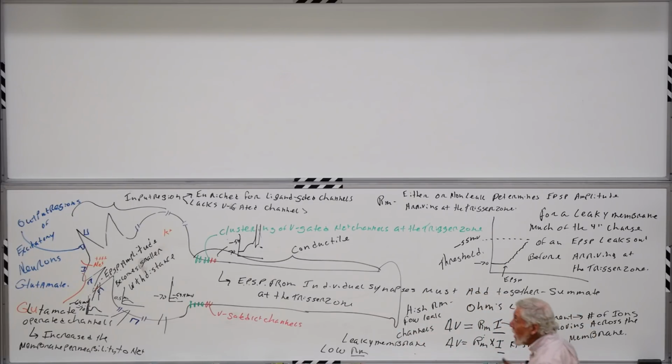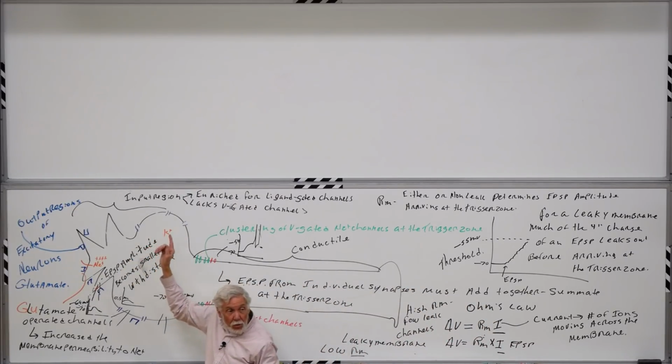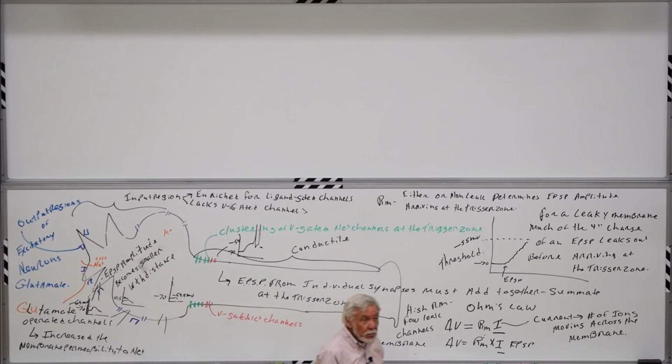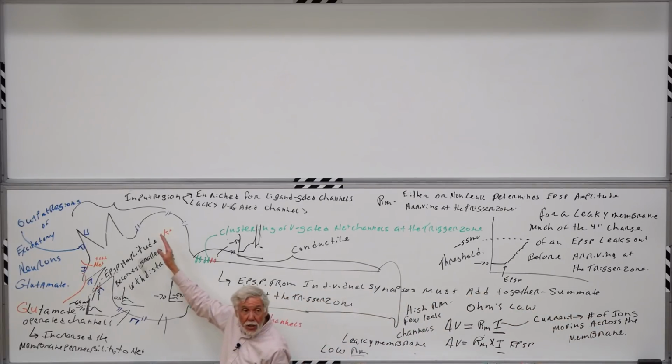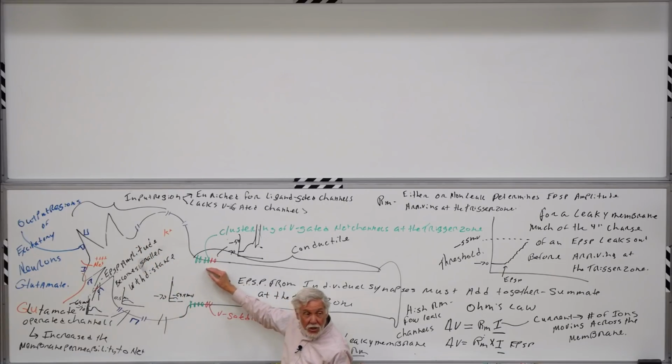And so what we need to do in biology is regulate these membrane resistances. And we regulate the membrane resistances in the input region largely through inhibition. And so by invoking inhibitory synapses now, we can regulate the membrane resistance and thereby regulate the amplitude of the potentials arriving at this site.